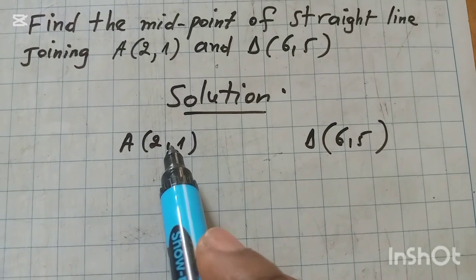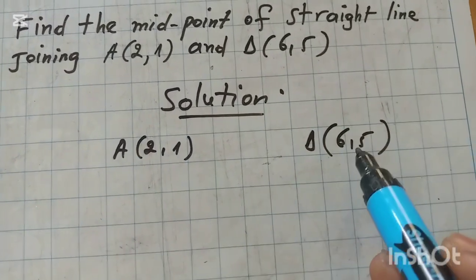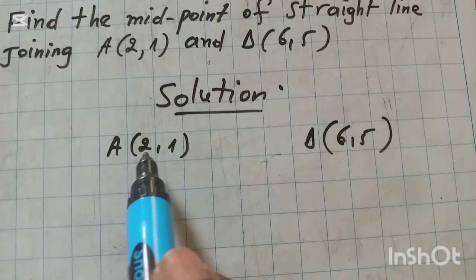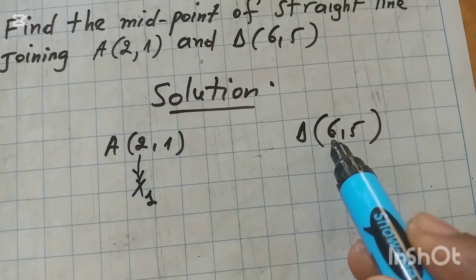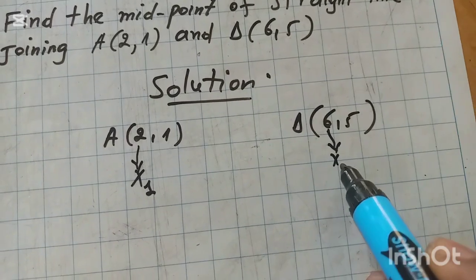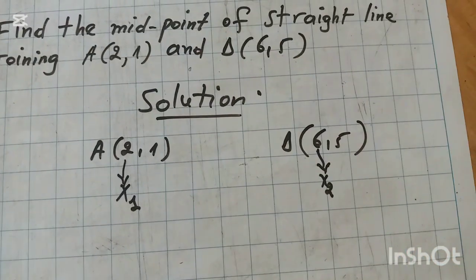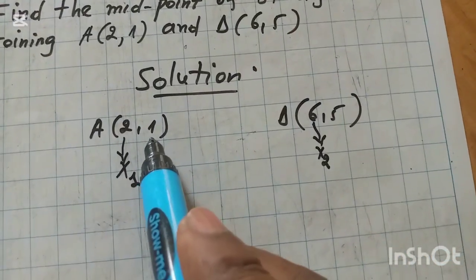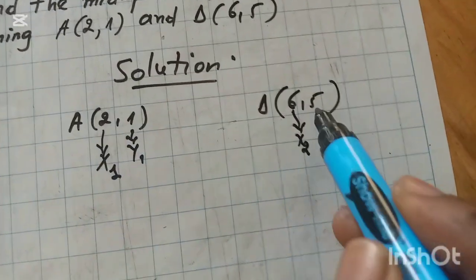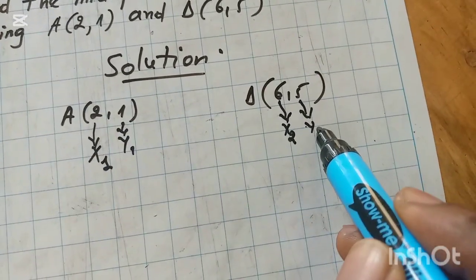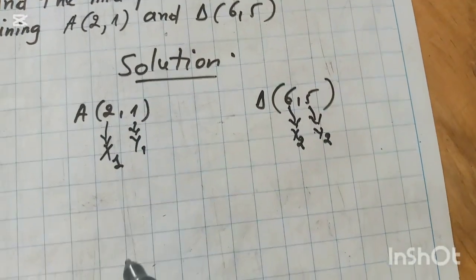Now our line is starting from point A to point D. That is why this is called x number 1. This is called x number 2. This is called y number 1. This is also called y number 2.